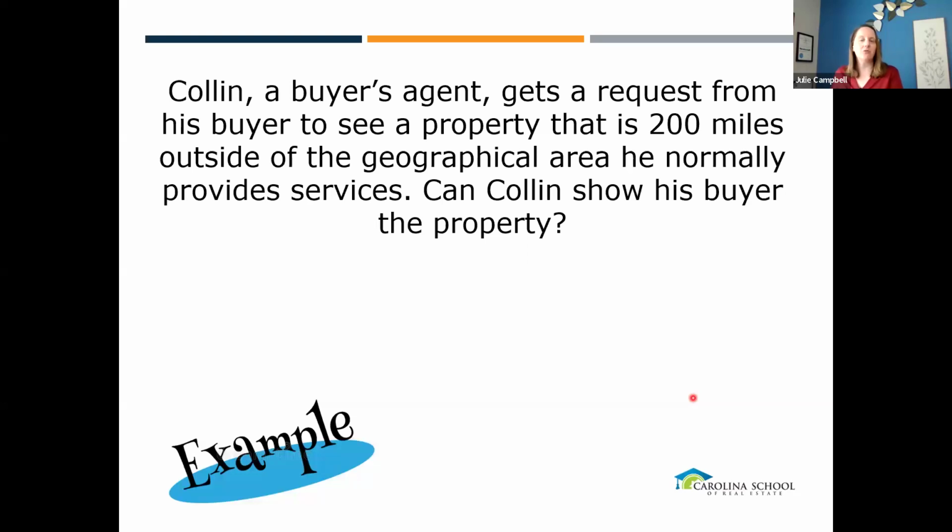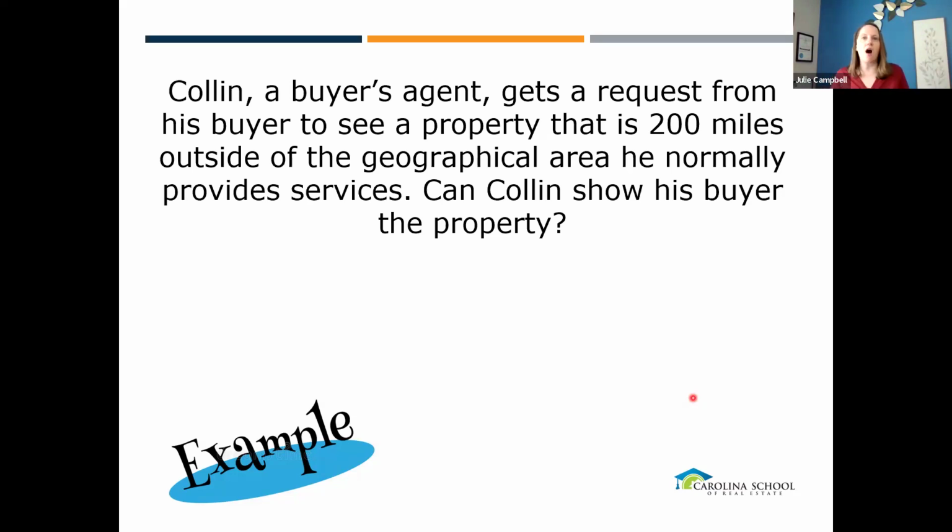And that's a question you and I can't answer for Colin. Because here's the deal. If Colin is willing to learn about that market 200 miles away, and Colin is willing to go to that market every time the buyer wants to see that property, or they want an inspection, or they need to talk to whatever. If he's willing to do the work, as long as the property is located in the state of North Carolina, go for it, Colin.